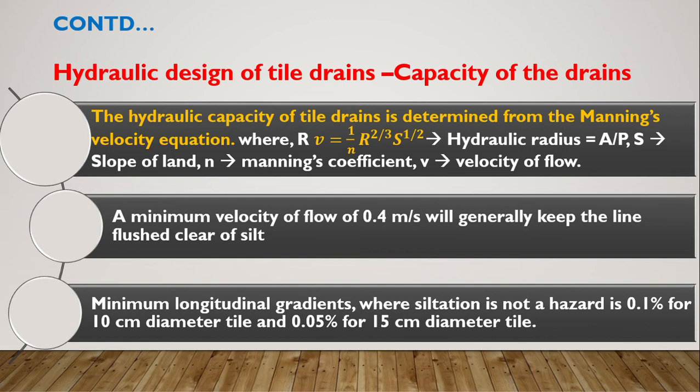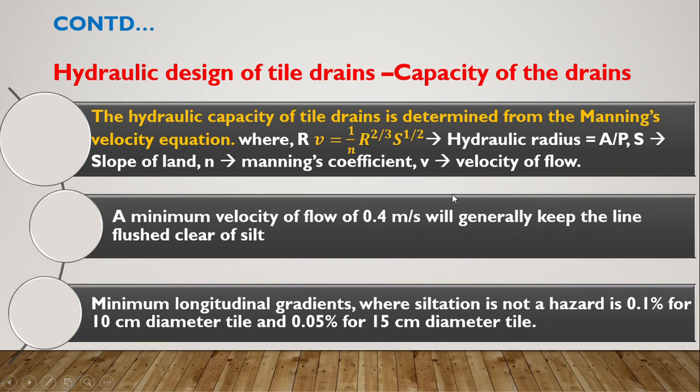The other things here are N, R and S, the values on which the velocity depends. R is the hydraulic radius, S is the slope of the particular area. The minimum longitudinal slope where siltation is not a hazard is 0.1% for 10 centimeter diameter tile and 0.05% for 15 centimeter tile.